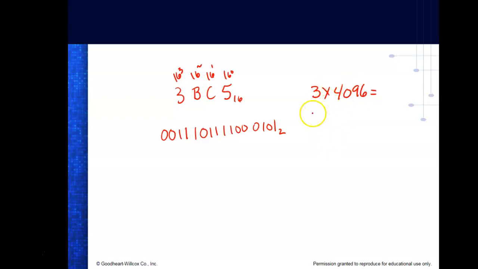Then I'd say B. What's B equal to in decimal? 11 times 16 squared. What's 16 squared? 256. Then I'd say 12 times 16. Then I would say 5 times 1. And when I got all these digits over here, I'd add them together.